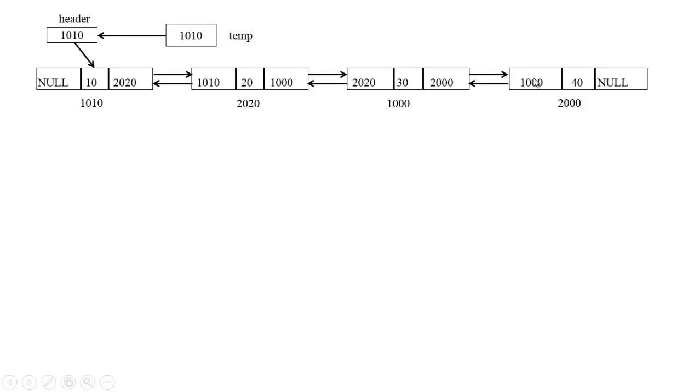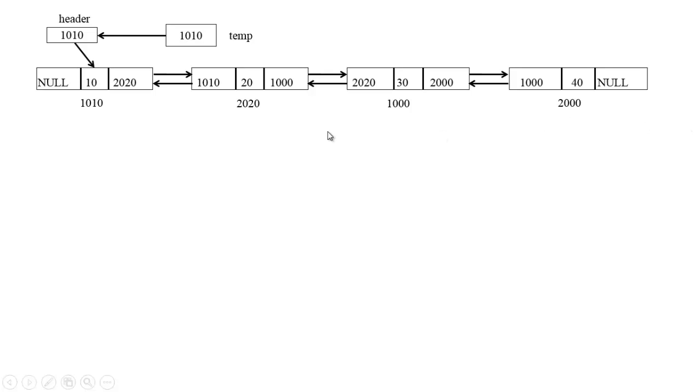In a doubly linked list, each node has 3 fields: a previous field, a data field, and a next field. There are 2 pointers, the next pointer and the previous pointer. The head pointer points to the first node in the linked list, which is 1010.